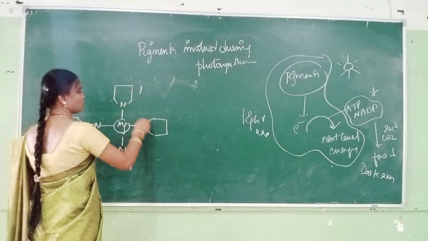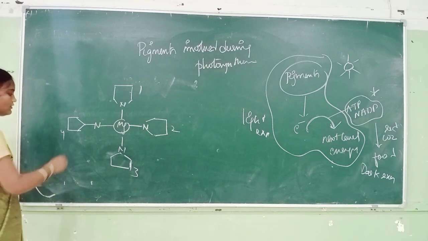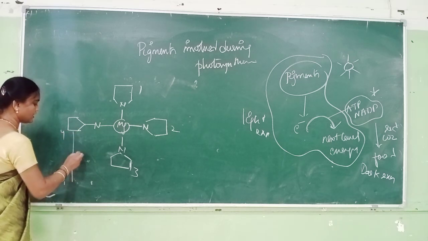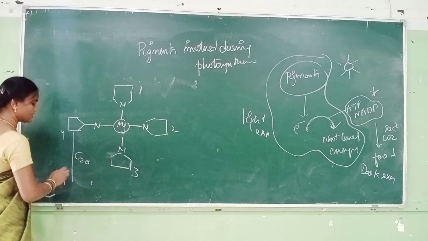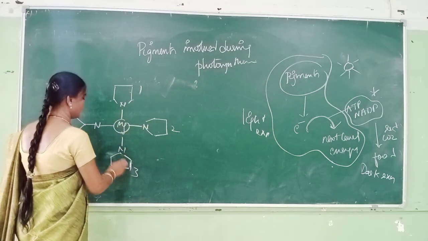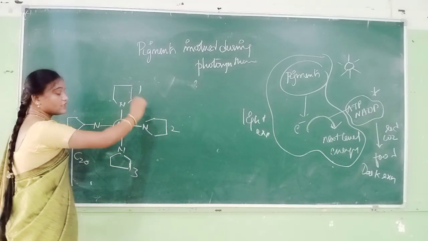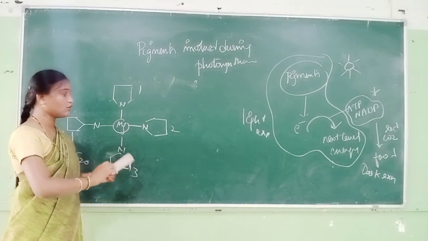This contains 4 pyrrole rings, 1, 2, 3 and 4, and the 4th pyrrole ring has a 20 carbon atom side chain. So this is the side chain, and this is pyrrole ring 1, 2, 3 and 4. This is the head and this is the tail of your chlorophyll. This is a rough structure of your chlorophyll.